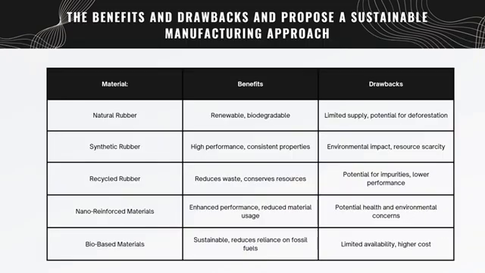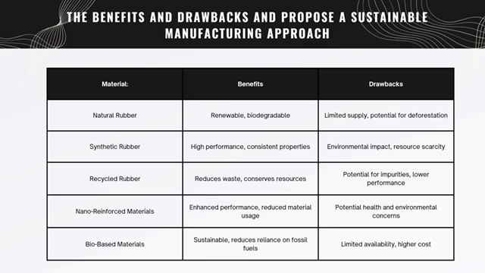The next topic is the benefits and drawbacks, and a proposed sustainable manufacturing approach. First material is natural rubber. The benefits are renewable and biodegradable. The drawbacks are limited supply and potential for deforestation. Second material is synthetic rubber.